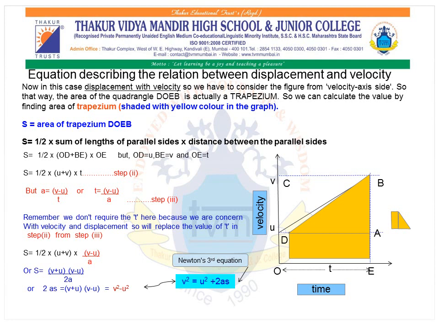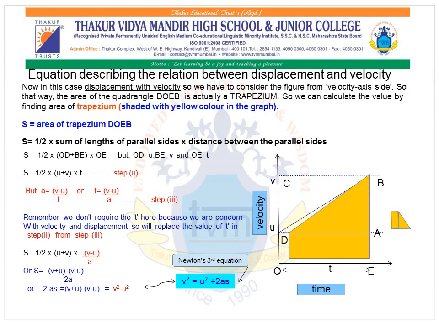But we know acceleration is V minus U upon T, or from this formula we can find the value of T, that is T is equal to V minus U upon A, and this will be our step 3. So remember, we don't require T here because we are concerned with velocity and displacement. So we will replace the value of T in step 2 from step 3.